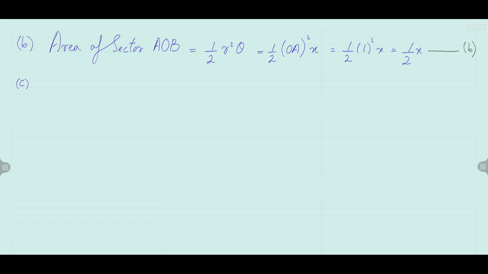Now in third, part C, we find area of triangle OAC, which is equal to, here we are going to use area of triangle formula 1 by 2 base into height, instead of using 1 by 2 product of adjacent sides into sine theta, because triangle OAC is a right triangle.